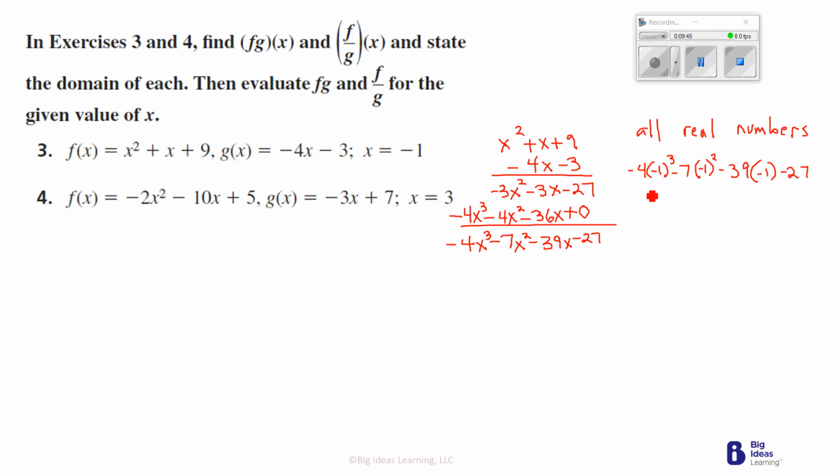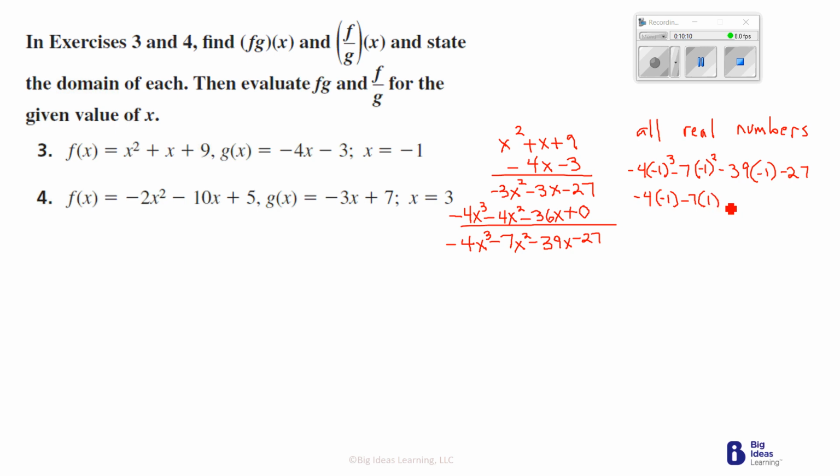When I do this, it's going to be negative 4 being multiplied to negative 1, because 1 times itself 3 times is still 1, but negative times a negative times a negative will give us a negative answer. This is going to be negative 7 times 1, because negative 1 times negative 1 is 1.